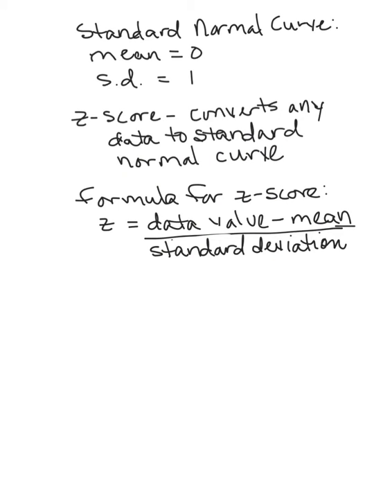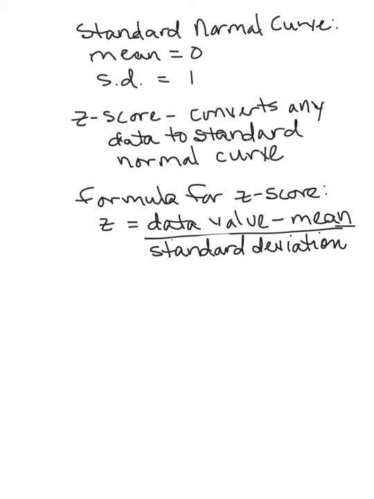In the next part of the notes, we are going to look at what is called the standard normal curve. Standard normal curves are used by statisticians frequently, and in order to be a standard normal curve, your mean equals 0 and your standard deviation equals 1.